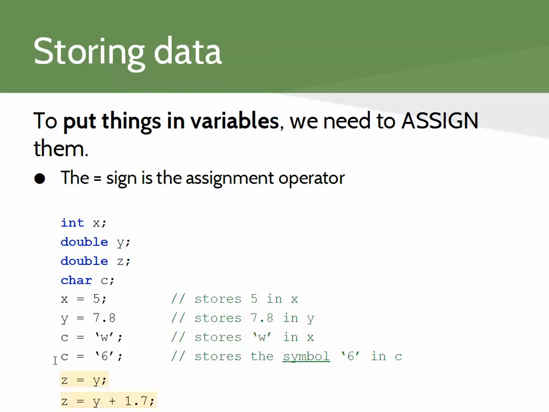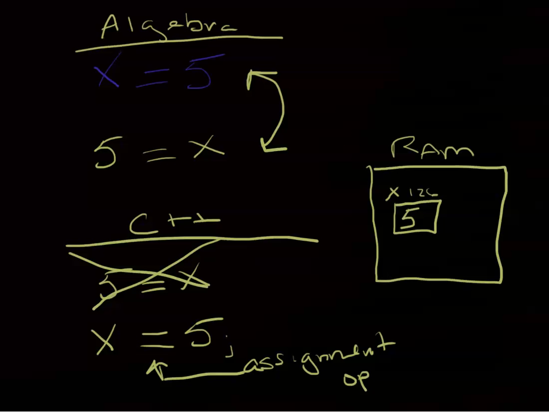So the symbol 6 can be stored over into C. And again, if I go back here, if I later on said, okay, well, now I want x to equal 2 plus 2, I could do that. Right? This would be evaluated and set to 4, and then the value in x would be changed to 4. So we can reassign variables without any problem.